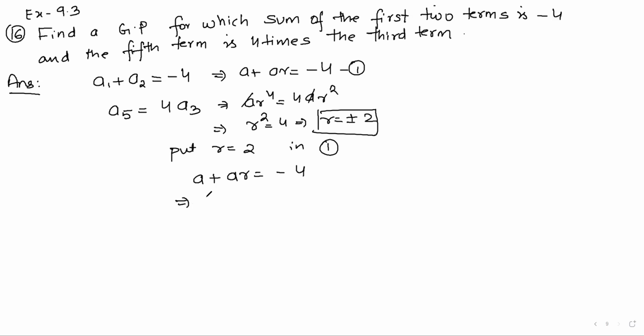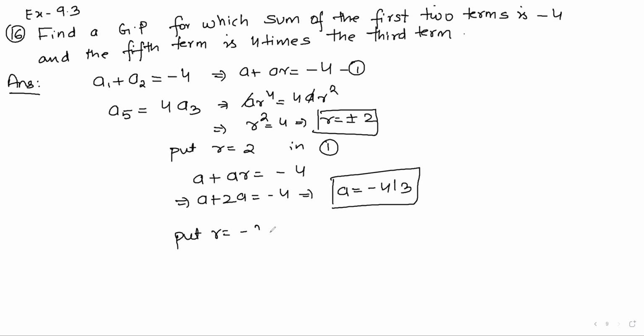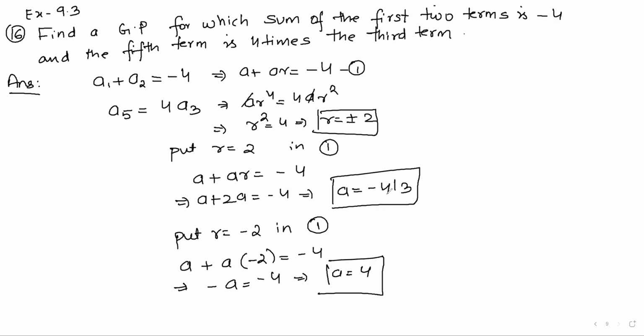So we get a plus 2a is equal to -4 and a is equal to -4/3. Next put r is equal to -2 in first: a plus a into -2 is equal to -4. So this gives -a is equal to -4 and a is equal to 4.